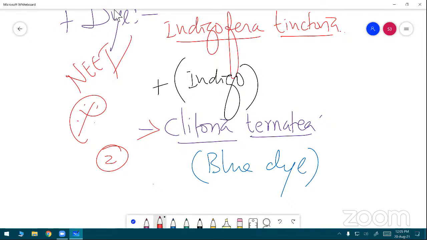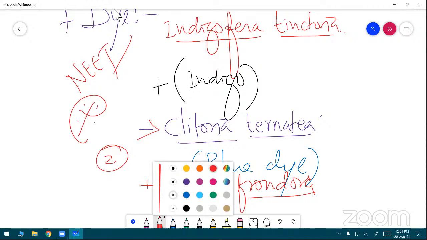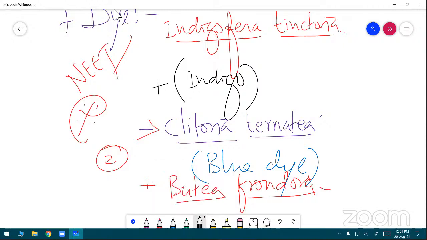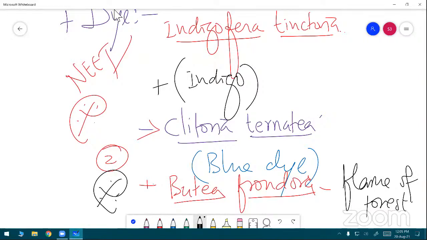Butea frondosa is nothing but the flame of the forest. Students, it is a very important question: which of the following plants is the flame of the forest?